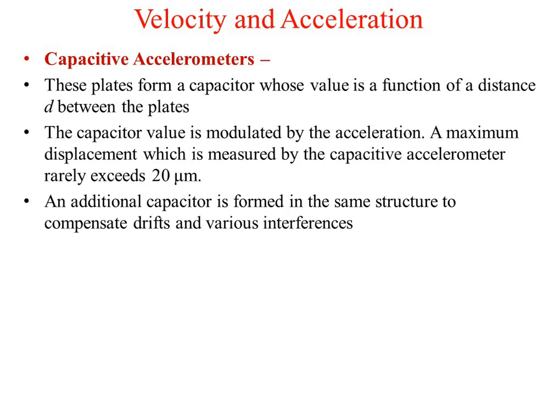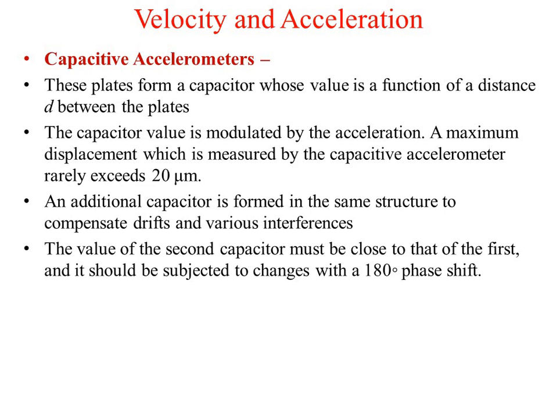An additional capacitor is formed in the same structure to compensate the drift and various interferences. So if you want to compensate the drifts and various interferences, we need to add the additional capacitor in the circuit. This is going to reduce the drift caused by interferences.